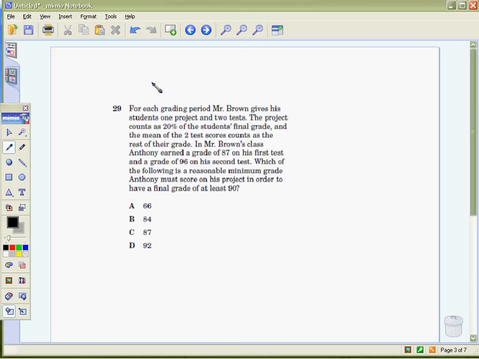So we're talking about a total of 100% with all of the grades. The project is going to count as 20%, and it says the rest of the grade is going to be the average of the two tests. So the average of the two tests is going to count as 80%.